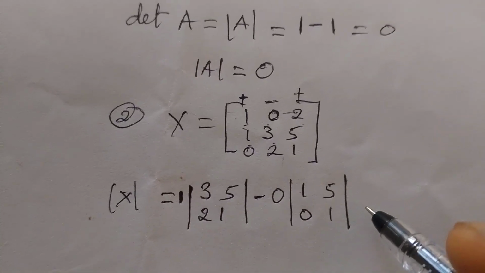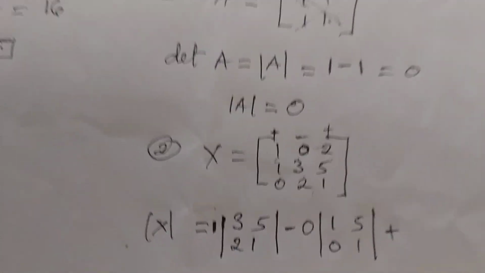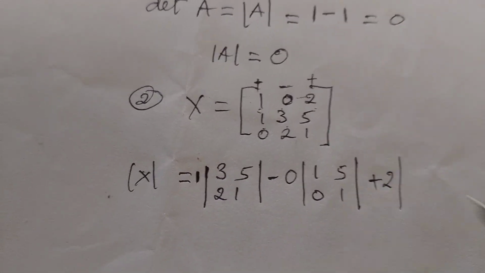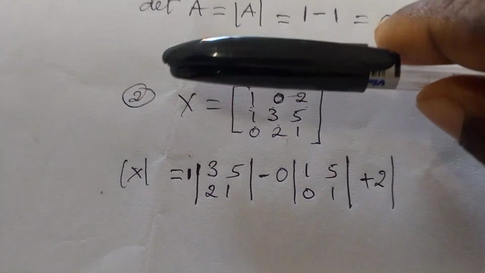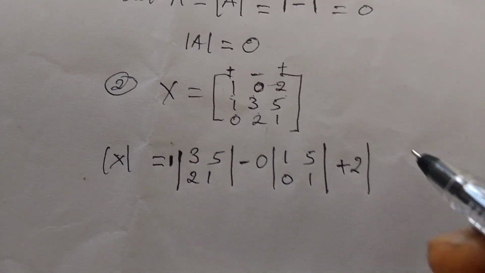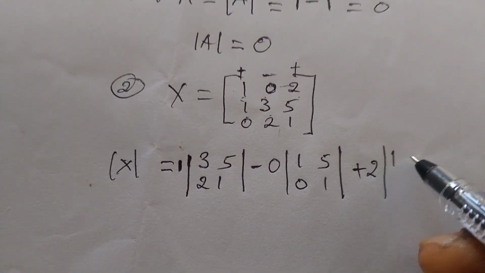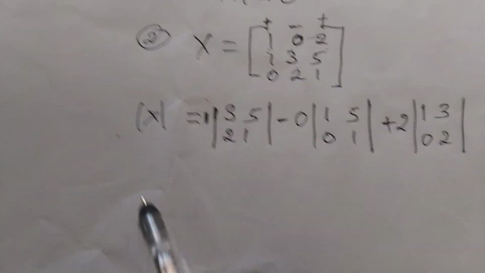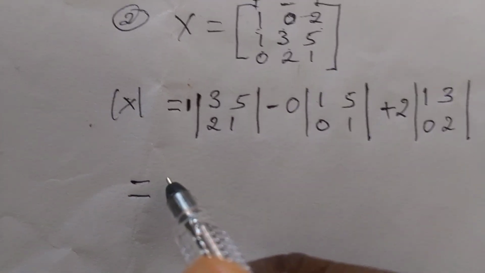Now, number 3, I'll write plus 2. I'll also close the first row and the third column. So what I have is 1 3 0 2. Right?